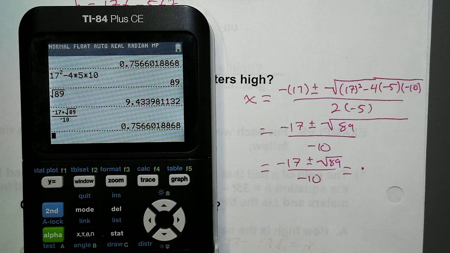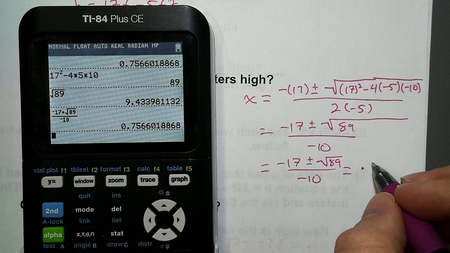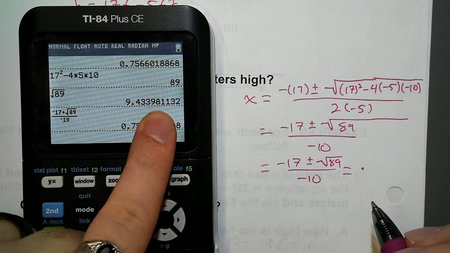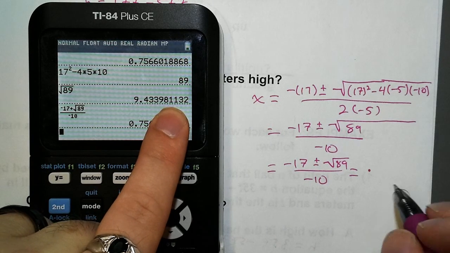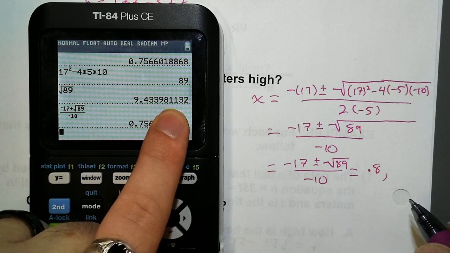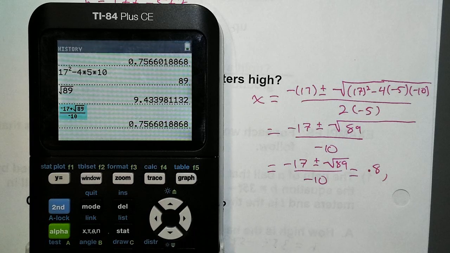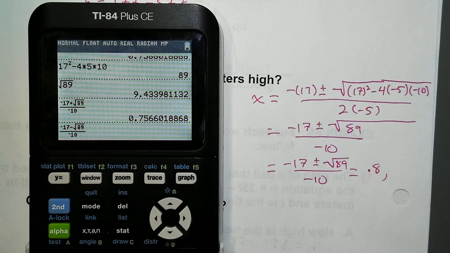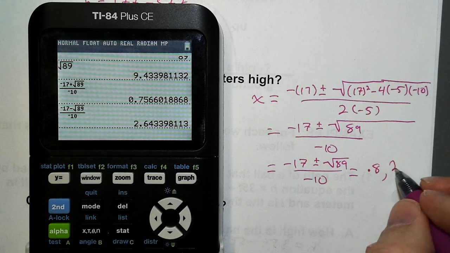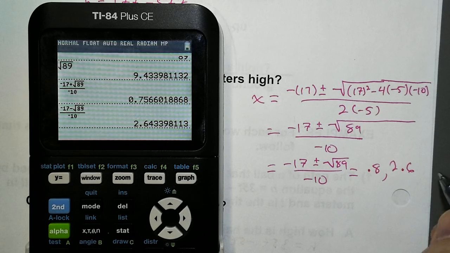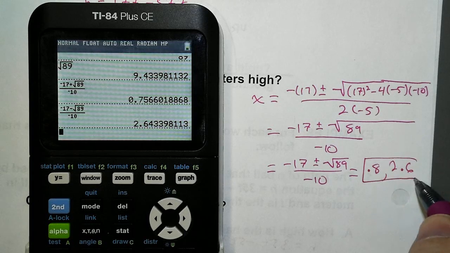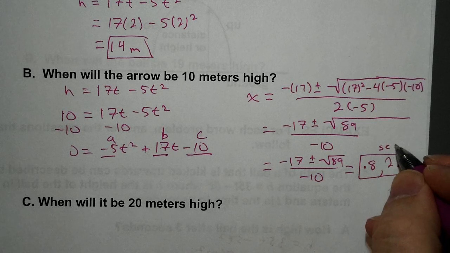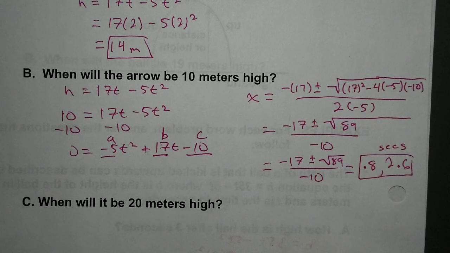Sorry, I had to answer a question real quick, and it comes out to 0.7566. Let's round it to one decimal place, so 0.75 rounds up to 0.8. And for the other one, we'll type it in again, but use minus, so go in here and change it to a minus sign. And we get 2.6 for my other value. So that's how many seconds would go by when the arrow is 10 meters in the air.